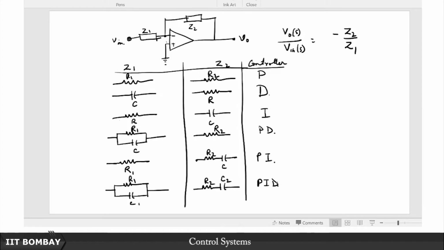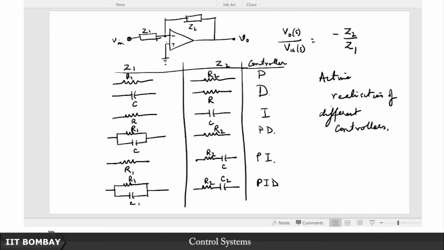So this is a PID controller. So these are all active realizations of different controllers, right.